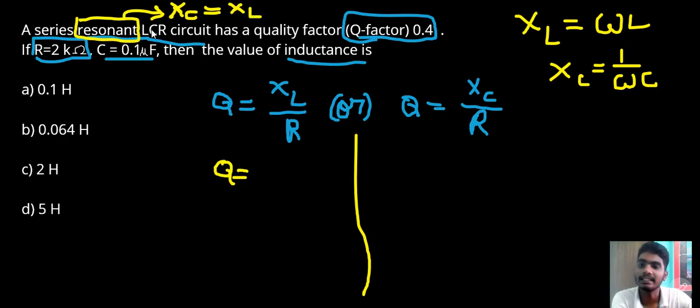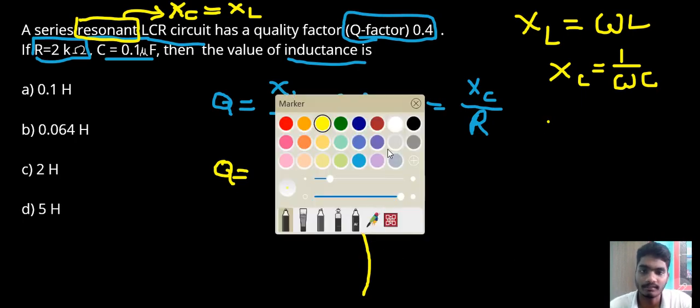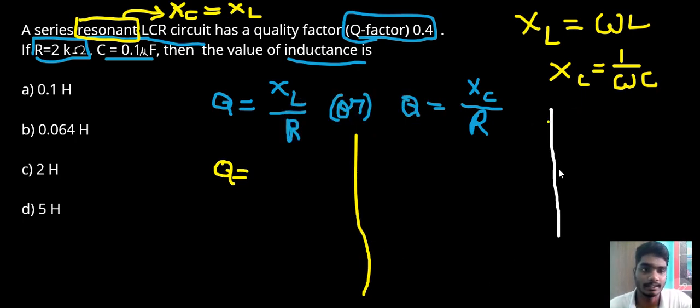This is known as resonant. If both are equal, now I am going to show you how the value has come.